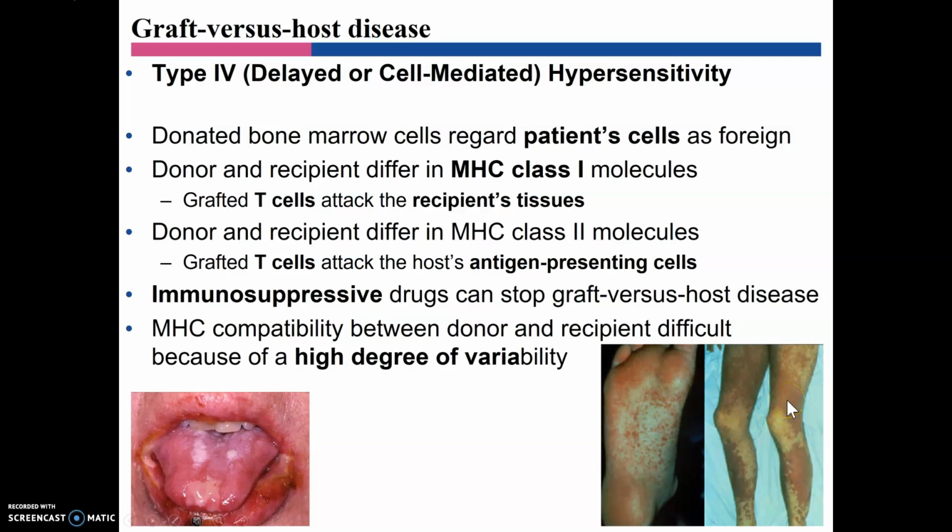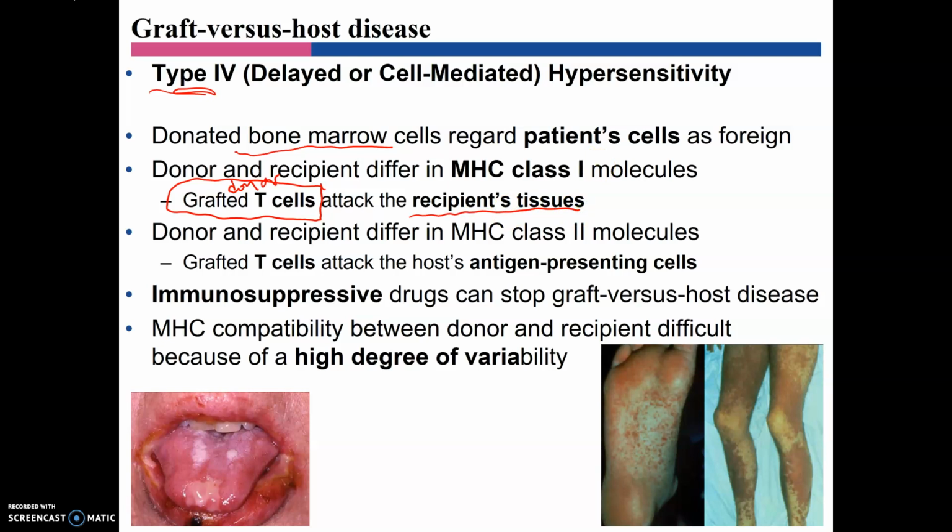Okay, the graft versus host disease is a type of rejection. Also, it's type 4, but this is usually happening when somebody receives a bone marrow. And what happens in this case is that the T cells from the donor, right? So these are grafted, these are donor T cells who have learned to recognize their previous host as self, will find themselves in the recipient, and it's not self, right?